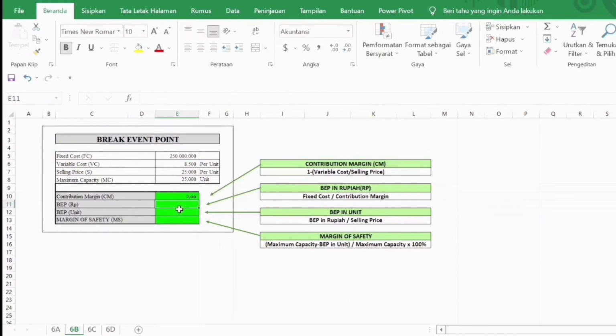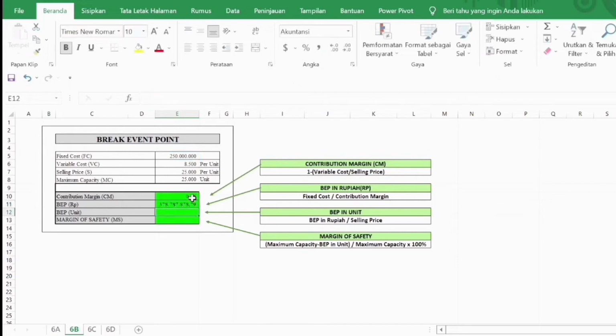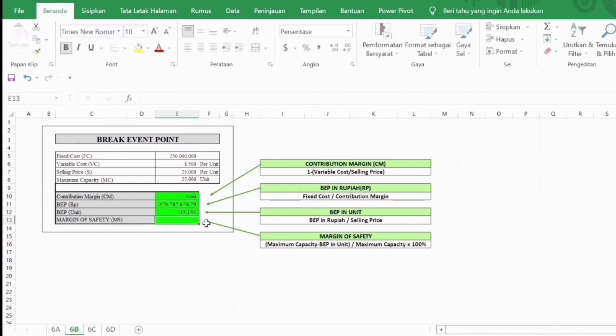Enter. Next is BEP rupiah equals fixed cost divided by contribution margin, and enter. Next is BEP in unit equals BEP in rupiah divided by selling price, and enter.